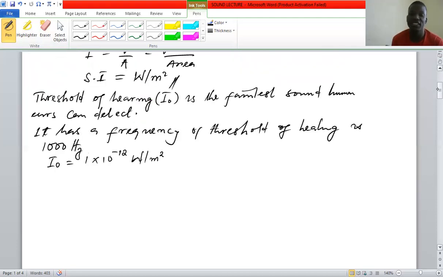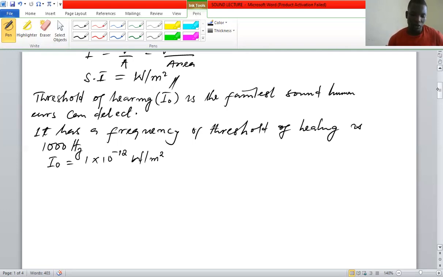That's the energy, the faintest energy that your ears, my ears, can detect. It's about 1 by 10 to the power negative 12 watts per square meter.